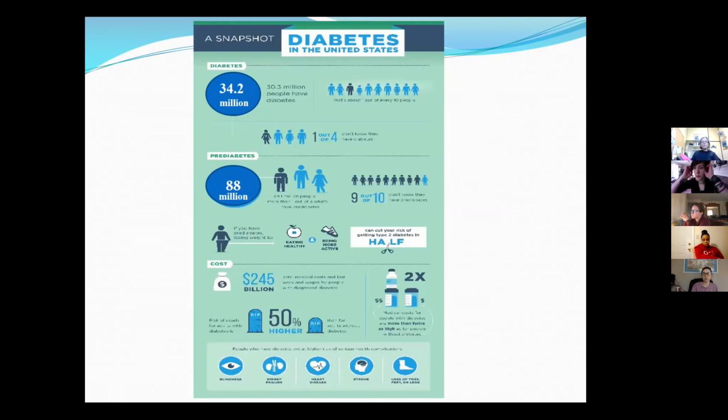About $245 billion in medical costs and lost work and wages. The medical costs for a diabetic is twice that of a non-diabetic. So it really impacts our healthcare system with regard to how much money we have to spend to care for diabetics, and also to our society, where we lose diabetics in the workforce.